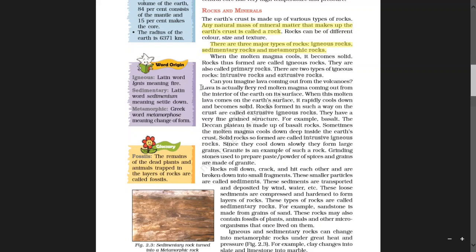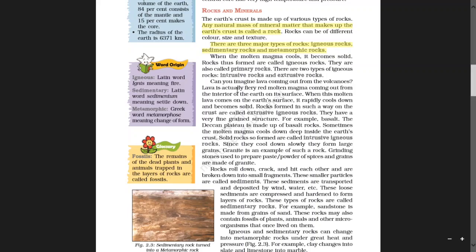You have seen how lava used to eject from inside the earth. Imagine lava coming out from the volcanoes before the volcanic eruptions. This lava used to come out from the earth.